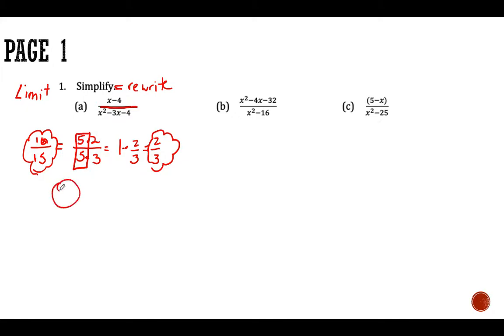Notice this does not work if I had 5 plus 2 over 5 plus 3. You cannot say that this fraction is equal to 2/3 because you canceled out the 5's, right? This fraction is actually 7 over 10, which is not equal to 2/3.